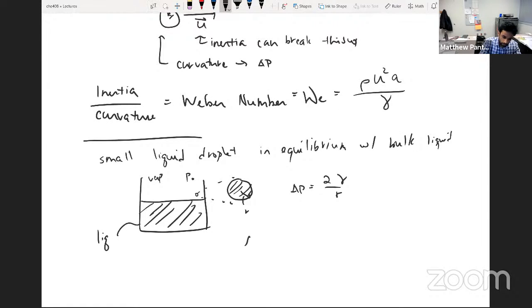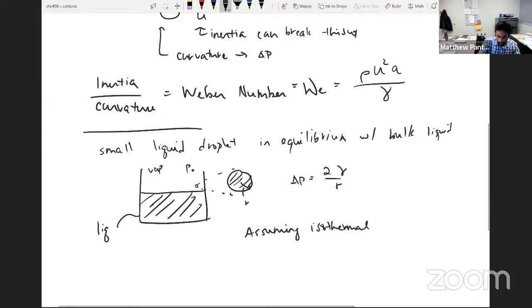So assuming our system is isothermal, meaning that we're not changing the temperature anywhere, which is oftentimes a reasonable assumption, we can say that the change in Gibbs energy for forming this droplet is related to the integral from P naught to P naught plus delta P, where delta P is our Laplace pressure, of the molar volume of the liquid dP.